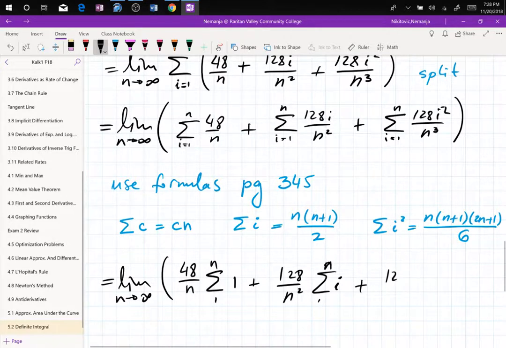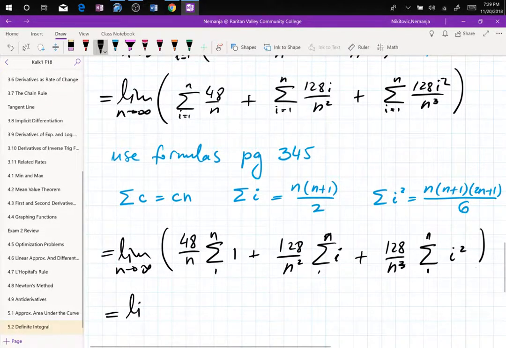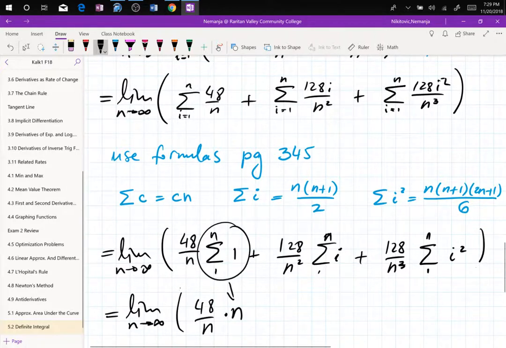Plus kick out 128 over n cubed, and you are left with i squared inside. So you see how the formulas kick in now and take care of all of this? Limit n goes to infinity. The first one is just 48 over n times n, right? Because this thing is n. Maybe I should do that in orange.